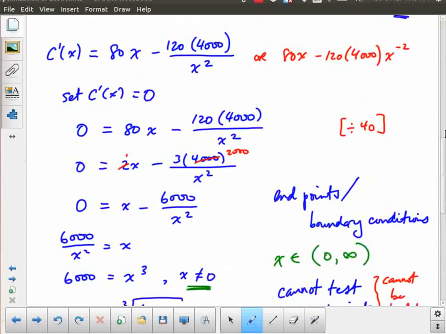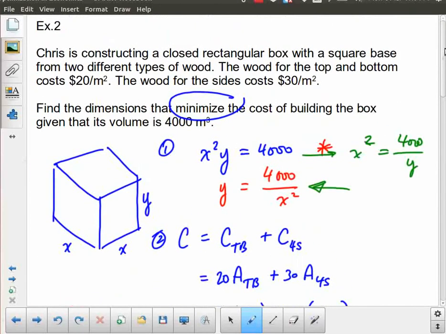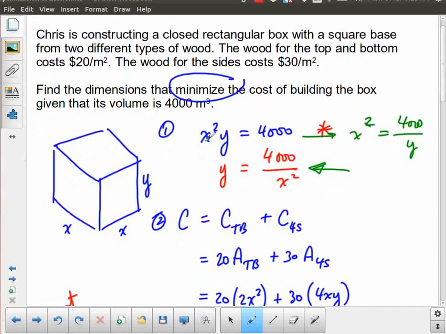And let's just double check, because what does the question actually want? The question wants us to find the dimensions that minimize the cost. So the dimensions are, well, x we have found, that's 18.1712, and then the y value comes from this, 4,000 over x squared.